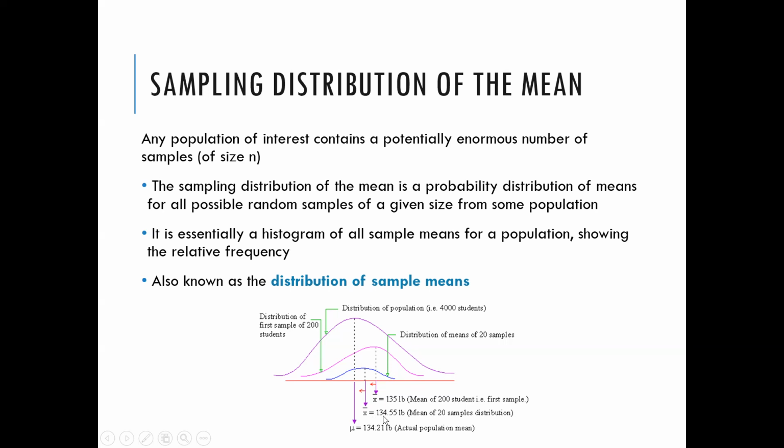But if you look at this mean, it's pretty close, right? It's closer than the initial single sample of 200 students. Now in the 20 samples of 200 students, when we take the mean of those means, we get 134.55 pounds. So it's closer to the population mean, and the distribution looks a lot more normal than the distribution for just that single sample of 200 students.